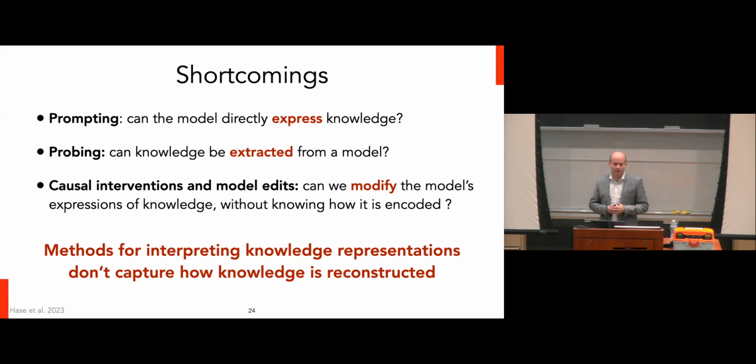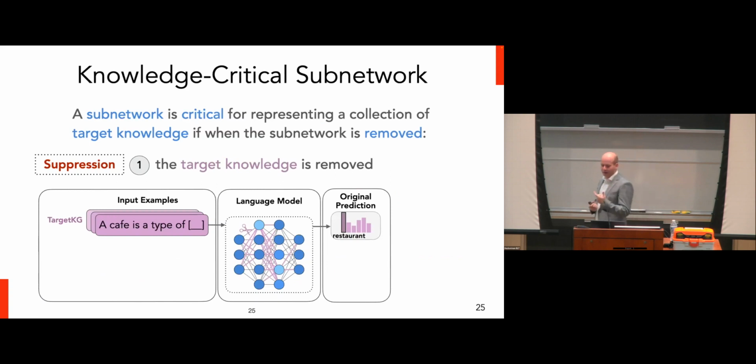Our take on it is that in order to actually reconstruct the knowledge that this model encodes about these concepts, you need to identify a subnetwork within the model that represents the process by which that information is reconstructed, not just try to find it at a particular point in the network. And so we define this concept of a knowledge critical subnetwork, which is a subnetwork within the model that is responsible for that process by which a piece of knowledge is reconstructed.